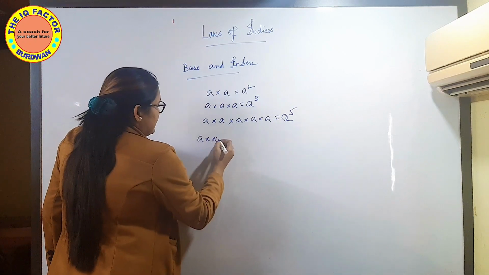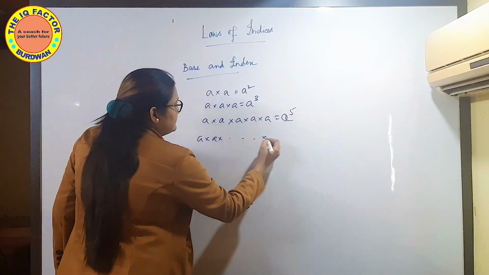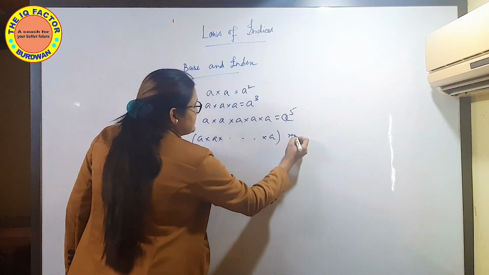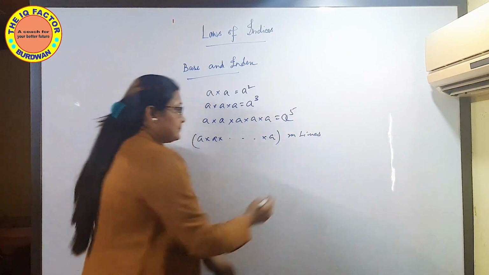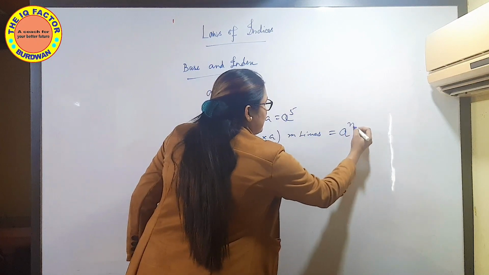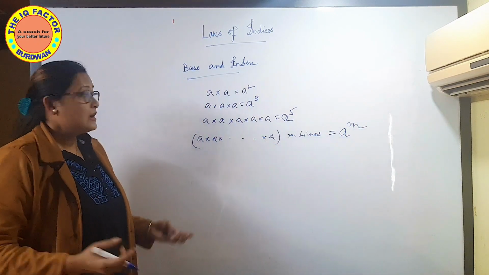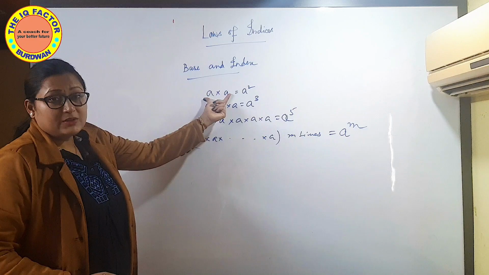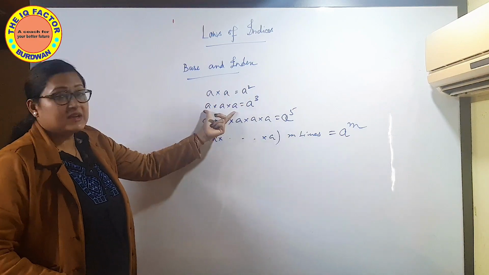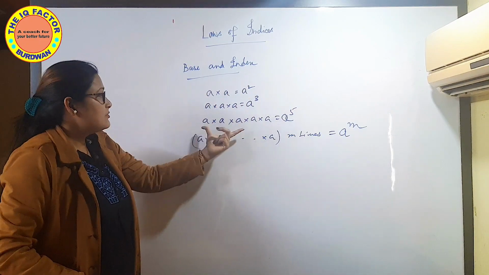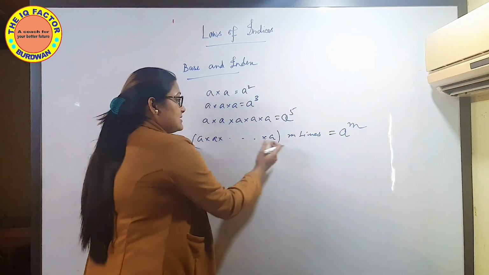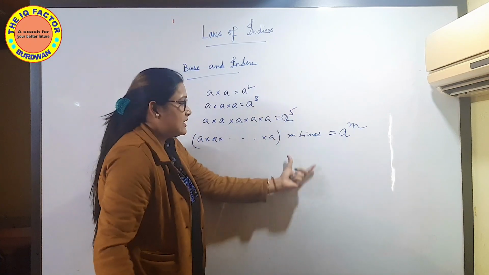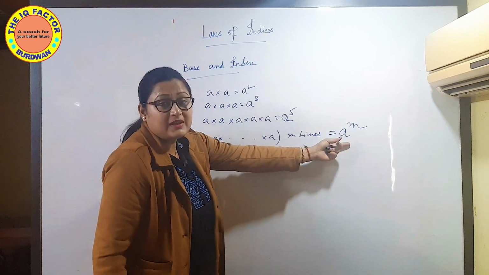If we multiply A m times, what will it be? That is A to the power m. How? A multiplied 2 times is A square, 3 times A to the power 3, 5 times A to the power 5. So, if A is multiplied in succession up to m times, it will be A to the power m.